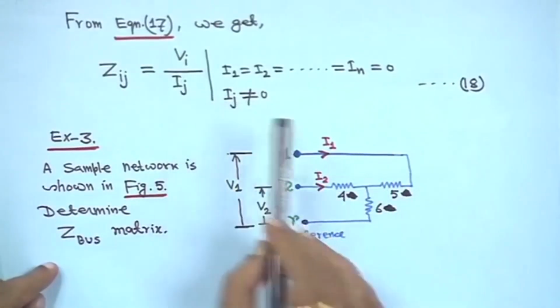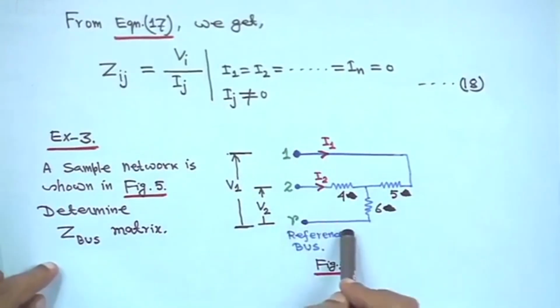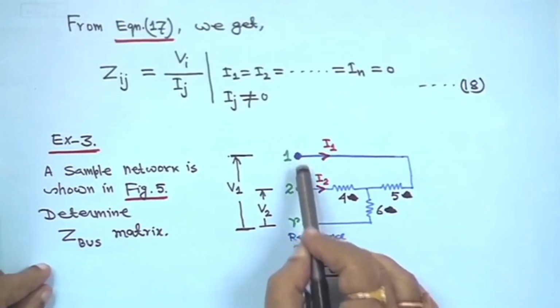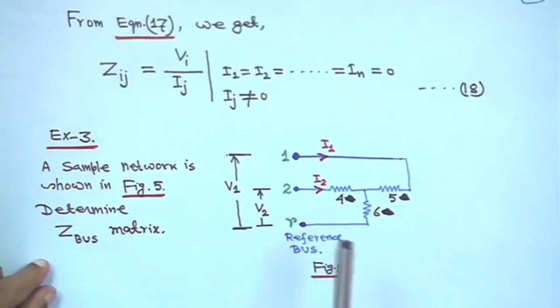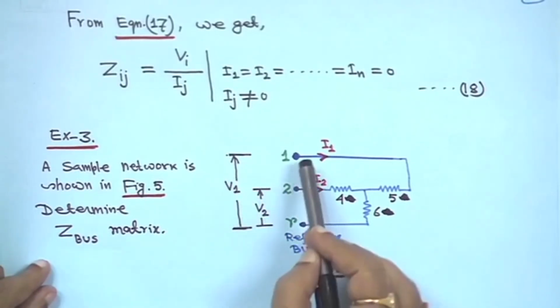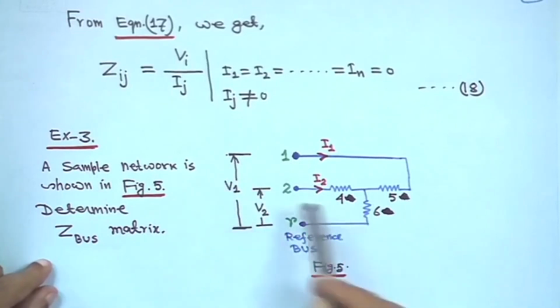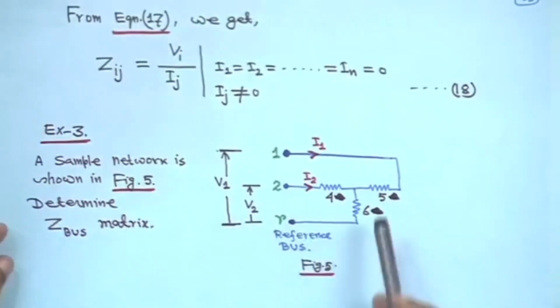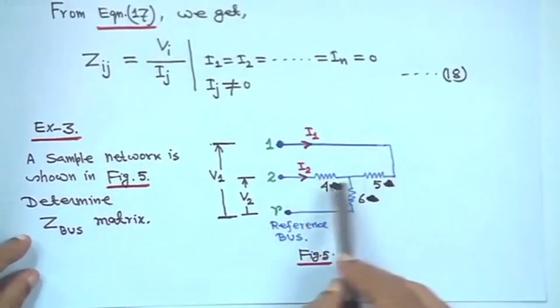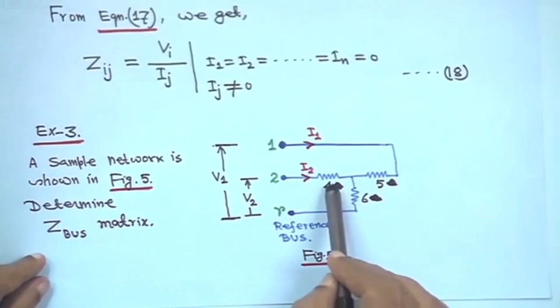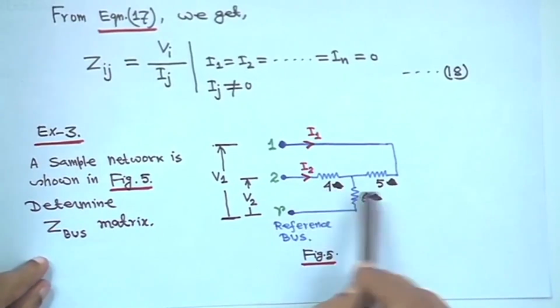Now, in this case we will take one small example, right. Suppose you have a simple bus 1, bus 2 and one reference bus. This is V1 voltage, this arrow means plus polarity and here it is minus, right. Same thing for V2. A current is showing I1 here, here it is I2, and there are some resistances showing 4, 5 and 6.